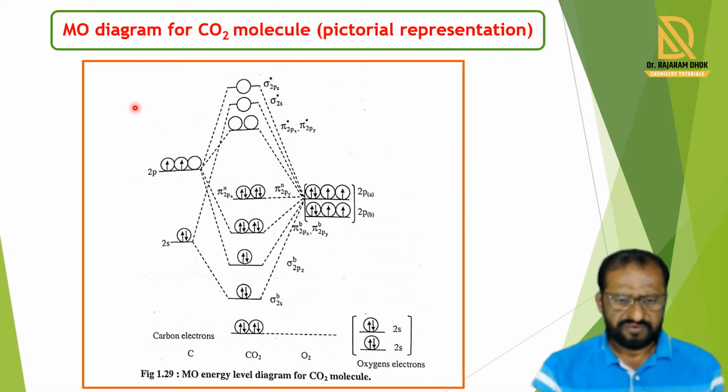In this diagram, at the left side, we have written the carbon atomic orbitals and at the right side, the oxygen atomic orbitals. The oxygen is more electronegative than the carbon, and because of that, the oxygen atomic orbitals have lower energy than the corresponding carbon atomic orbitals. So, this is the 2s atomic orbital of carbon and this is the 2s atomic orbital of oxygen.